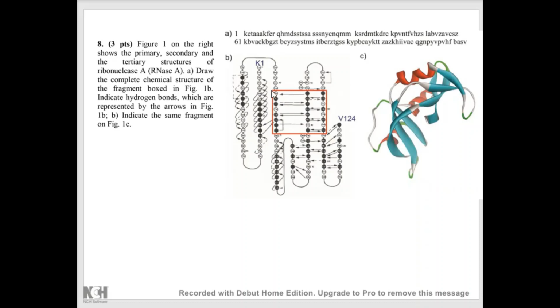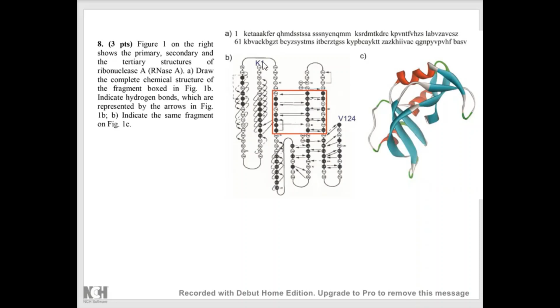In order to draw a complete chemical structure of this fragment, you first have to identify which amino acids here and here are involved in hydrogen bond formation. And I don't want you to look at these labels, which are not clear on the slide.